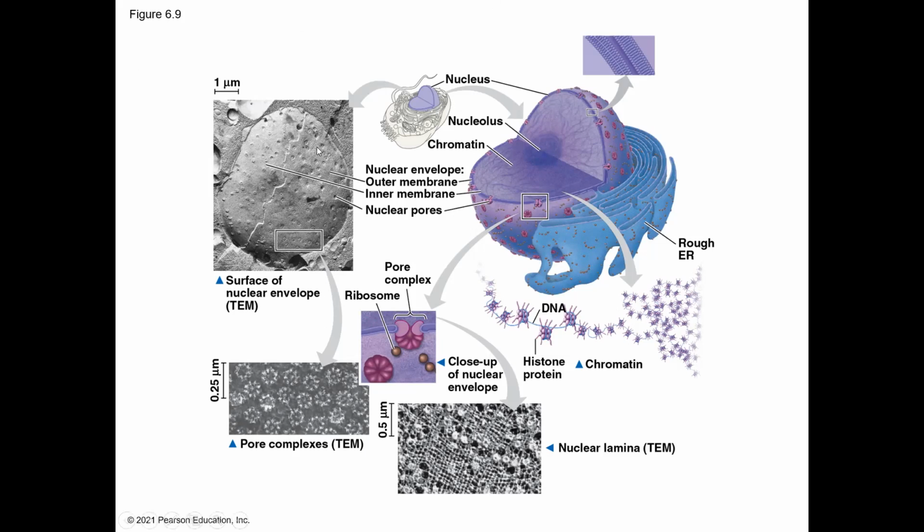Inside of the nucleus, you have several regions. You have the overall nucleus itself, and then there's generally a region that is much darker and more compact, and that is the nucleolus. The nucleolus is the region where ribosomes will be made.